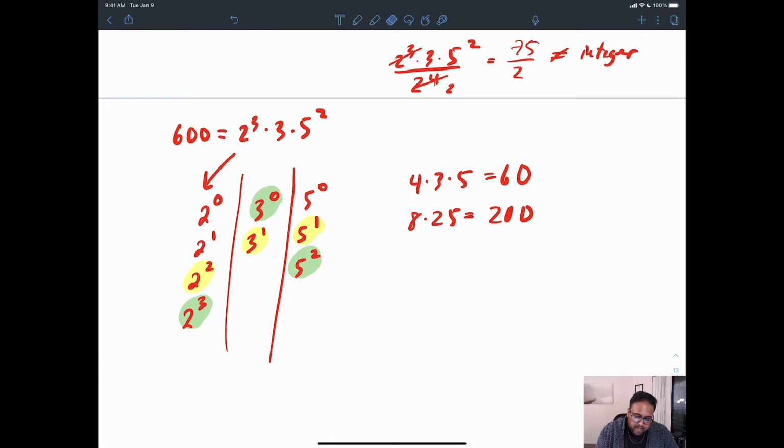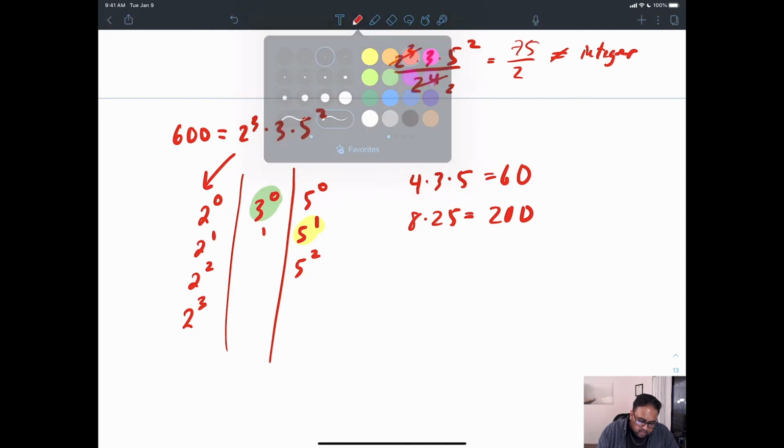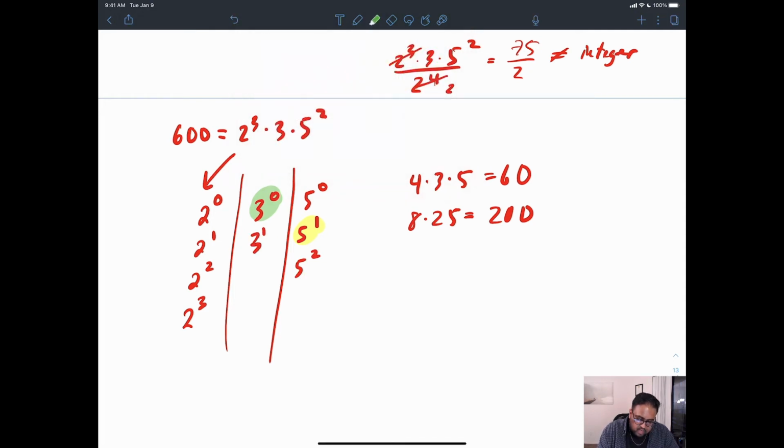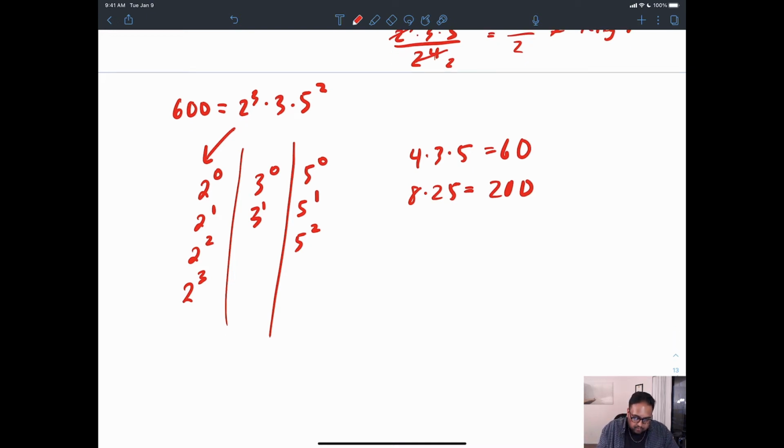So to come up with a factor of 600, what I do is pick one number from each of these columns. And so now this looks a lot more like the counting questions that we are used to, right? Where we have a number of options for the first thing, a number of options for the second thing, and a number of options for the third thing. How many options do I have for how many 2s I use? 4.